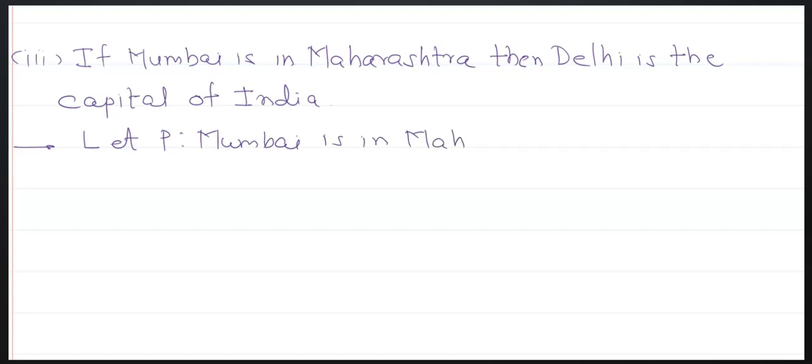What does the implication table say? If both of them are same, then it is true. Otherwise, what implies?